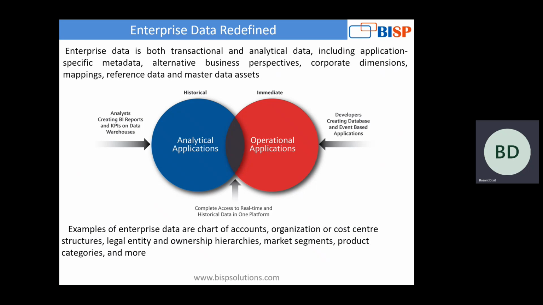I will not go into the keywords, but we can maintain all types of data in that, and by data I mean metadata. So suppose, for example, the company has a chart of accounts, organizational cost centers, and legal entity ownership, we can manage all types of categories here.